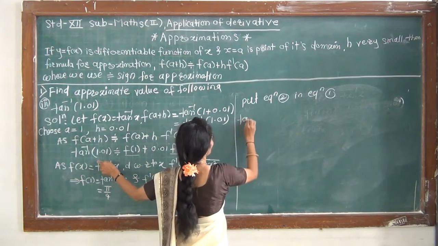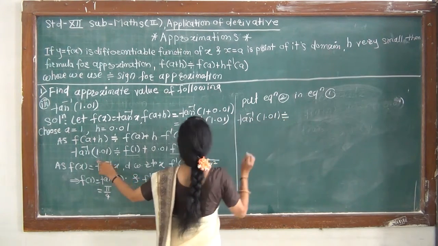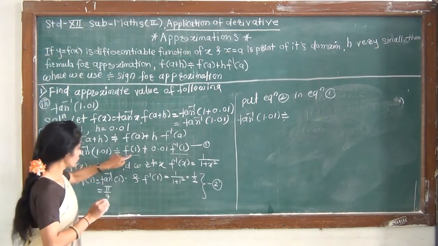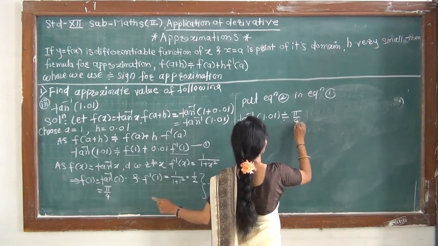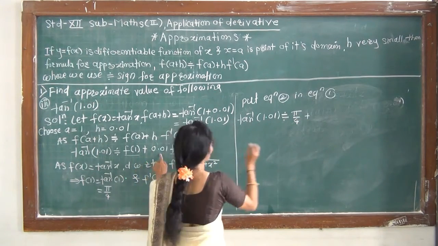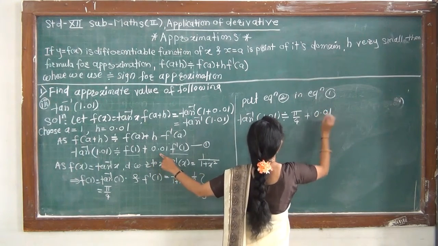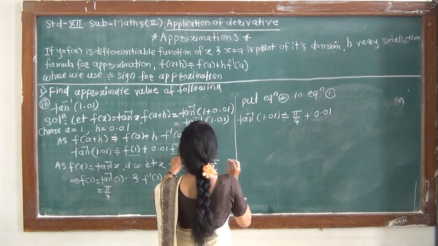Tan inverse of 1.01 is approximately equal to f of 1, which from equation 2 is pi by 4, plus 0.01 into f dash of 1.